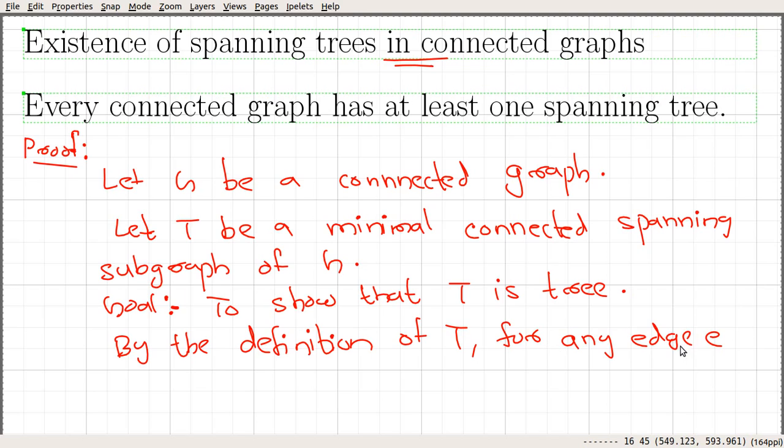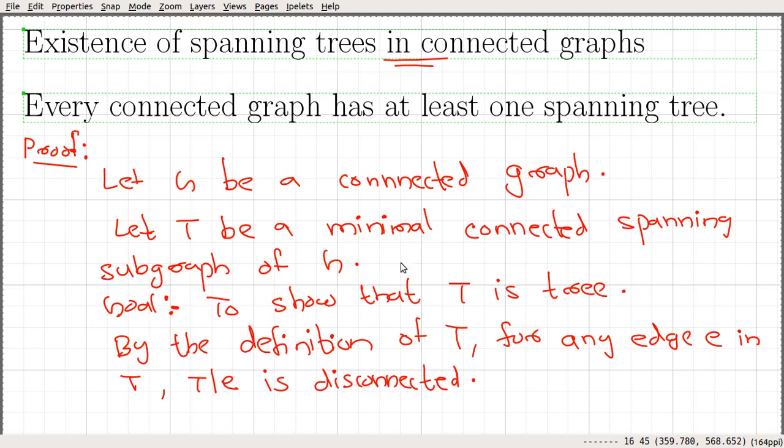So for any edge E in T, if you delete that edge from this minimally connected spanning subgraph of G, then T is disconnected.